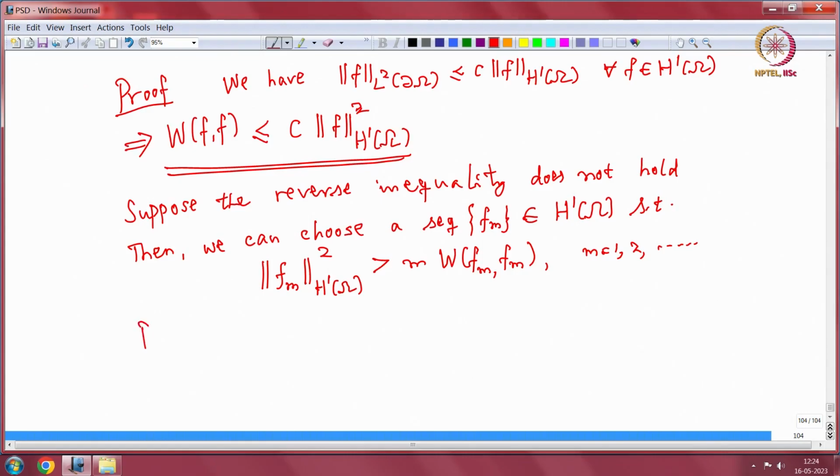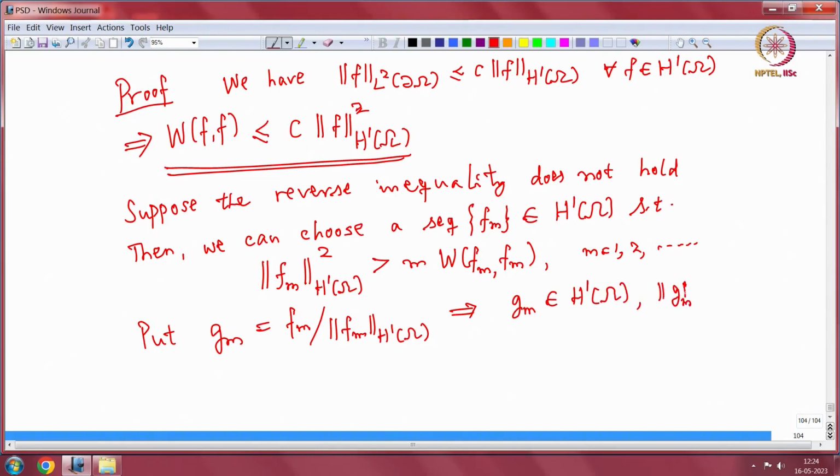Okay. So, put Gm as Fm normalized. These are again standard techniques in functional analysis. I am not doing anything extra here. So, this implies again Gm is in H1 omega and the norm of Gm in H1 omega is 1.